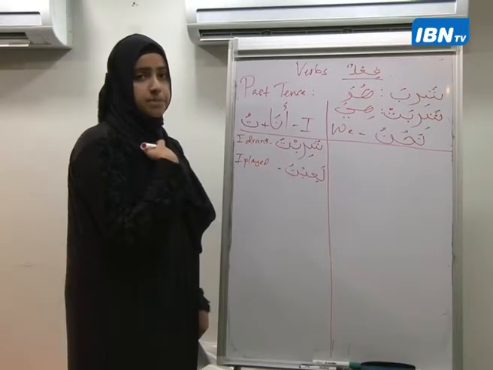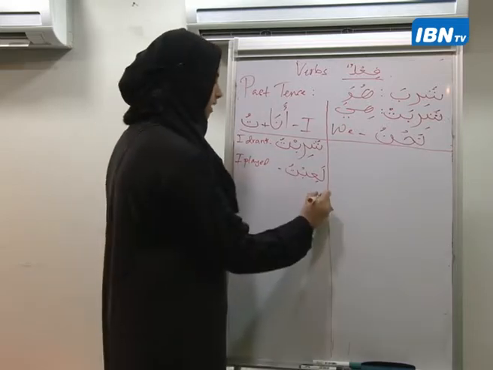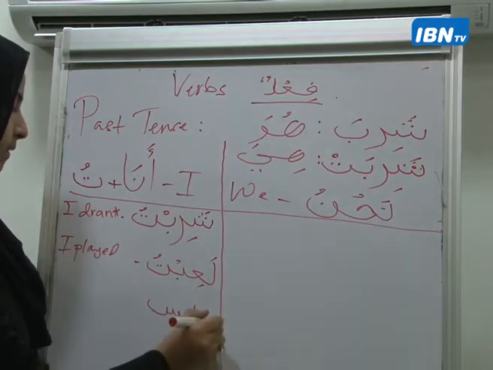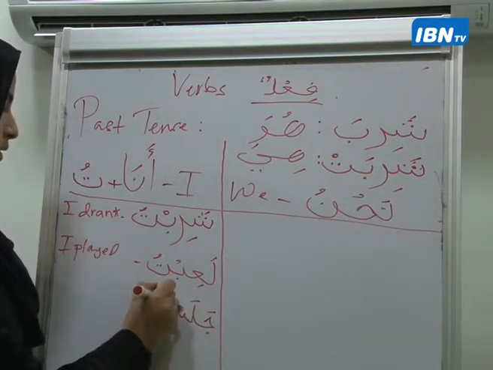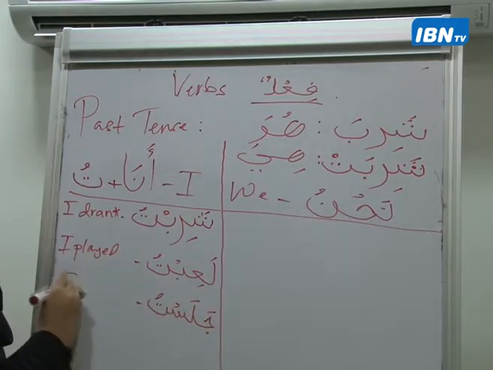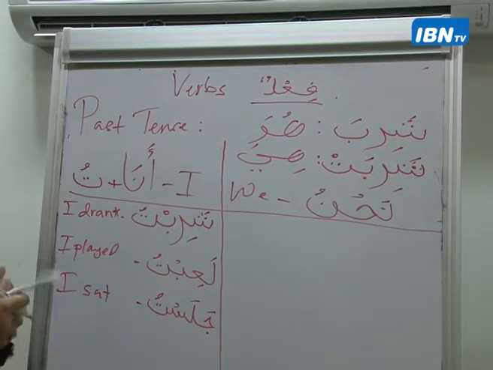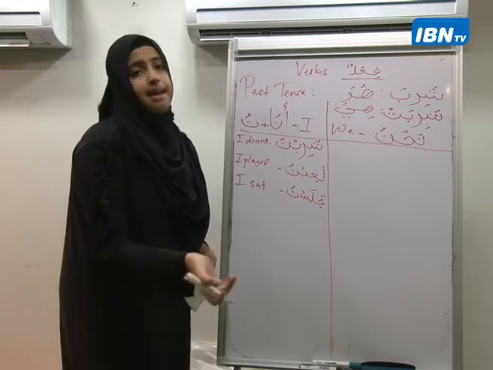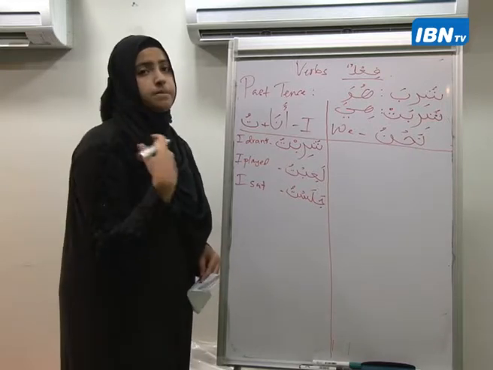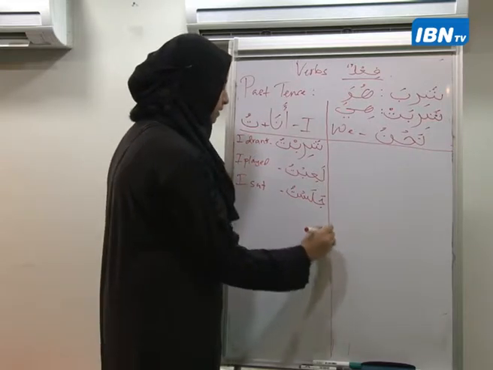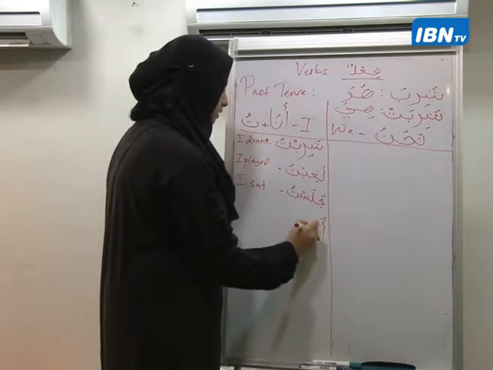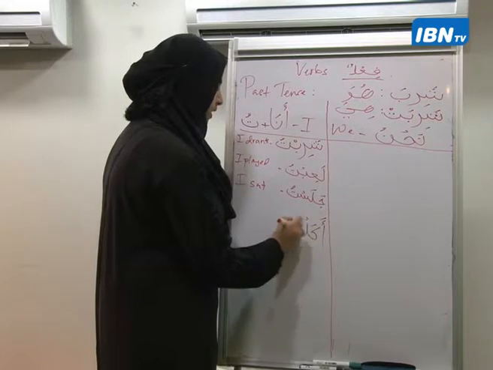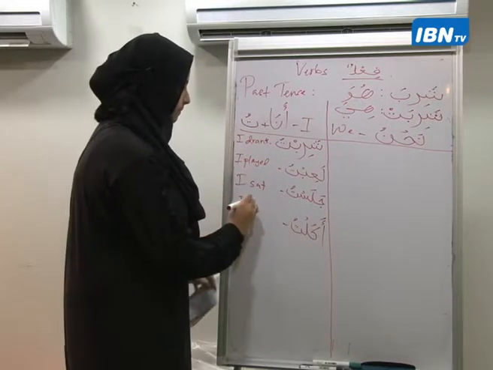So I sat will become jalastu. Then I have akala. Akala means he ate. So I ate becomes akaltu, meaning I ate.